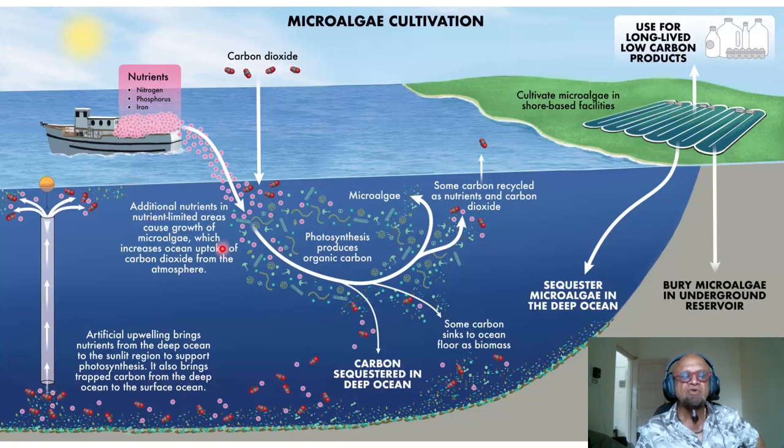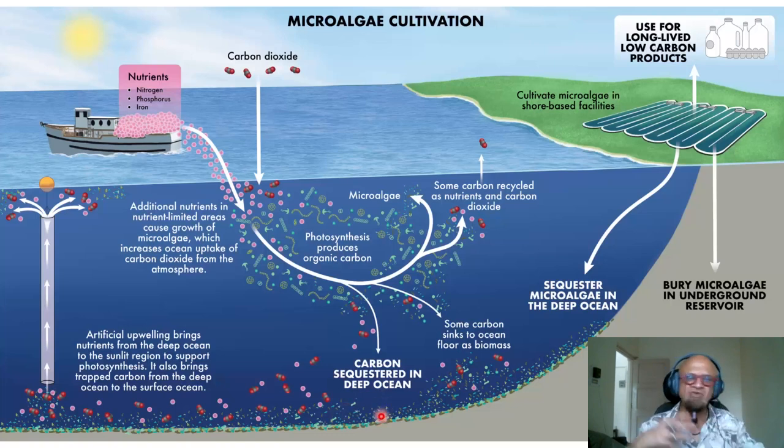So additional nutrients in nutrient limited areas cause growth of microalgae, which can increase ocean uptake of carbon dioxide from the atmosphere. So photosynthesized production of organic carbon can drop out to the floor as carbon sequestered in the deep ocean. It falls on the sediment.